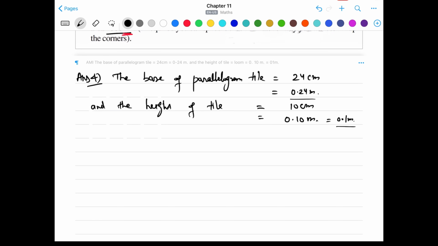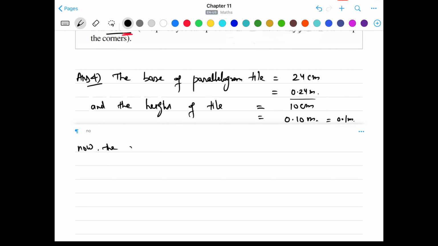Now the area of one tile will be given by, as the tile is in the shape of a parallelogram, and the area of a parallelogram is given by base into height.